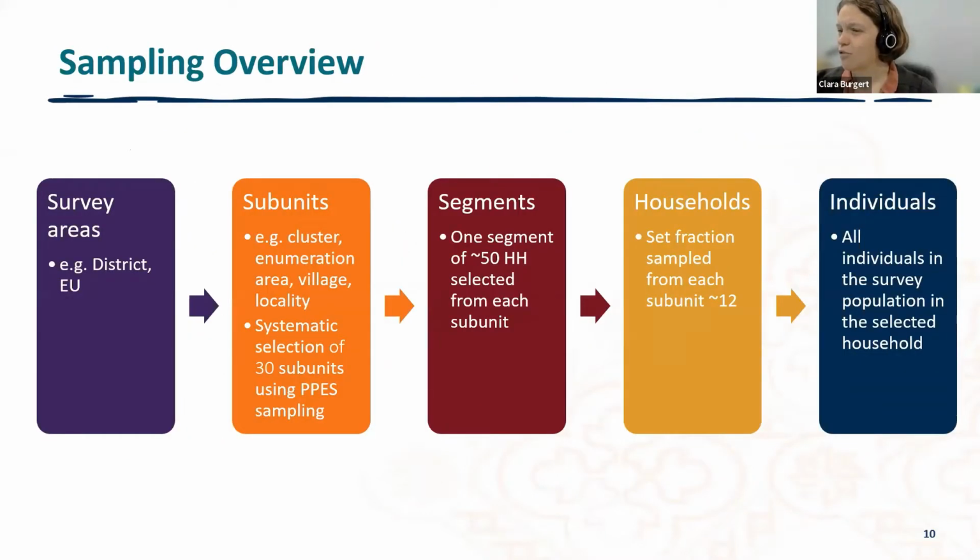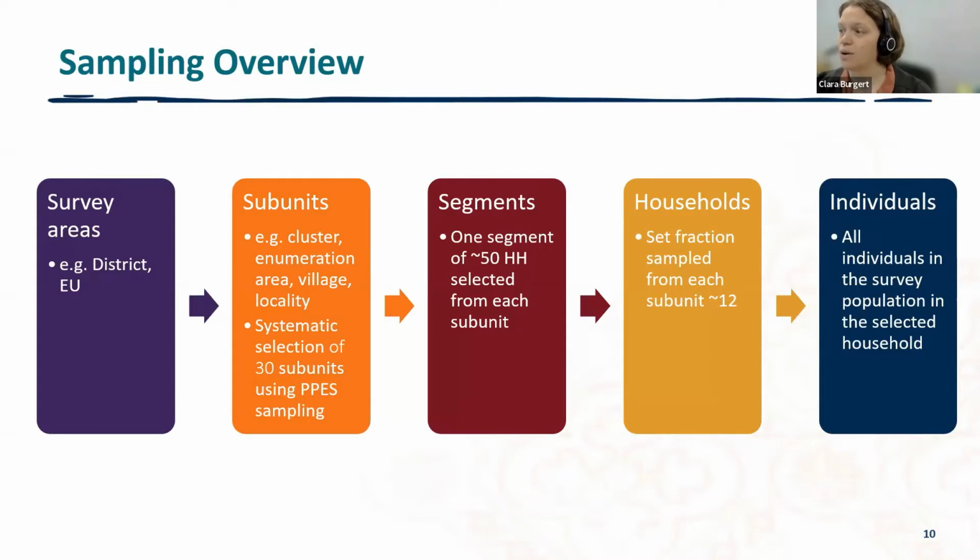So a quick overview of the sampling process. We have a survey area, typically a district or an EU. The subunits are going to be clusters or enumeration areas, villages, localities, depending on how the country does their sampling. And we will do a systematic selection of 30 subunits using a population proportional to estimated size sampling method. When we reach each cluster, they'll be segmented or broken into units of about 50 households.